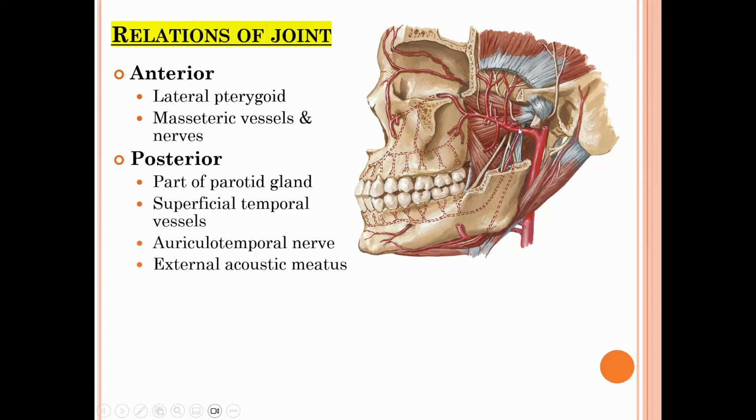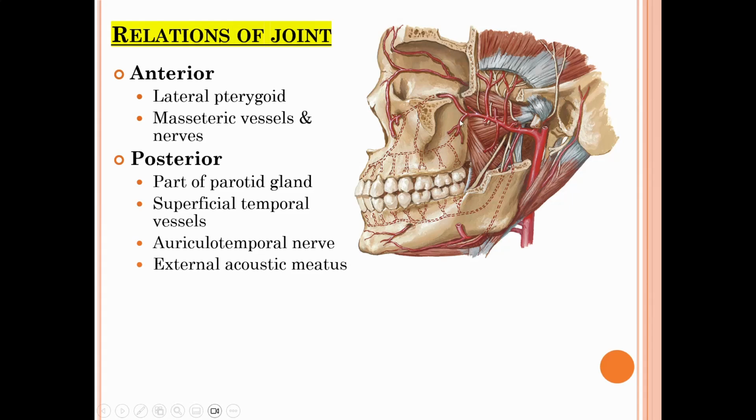In the first part, five branches come: the inferior alveolar artery, deep auricular artery, middle meningeal artery, anterior tympanic artery, and accessory meningeal artery. In the second part, all the muscular branches are there, whether it is the deep temporal supplying the temporalis muscle, the masseteric branch, or the medial and lateral pterygoid branches.